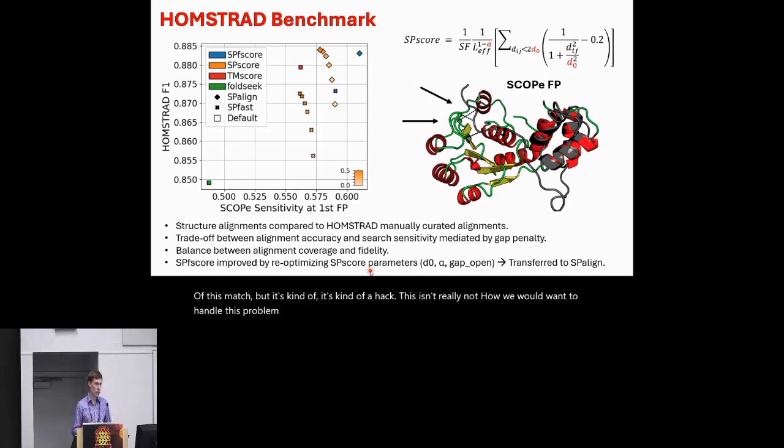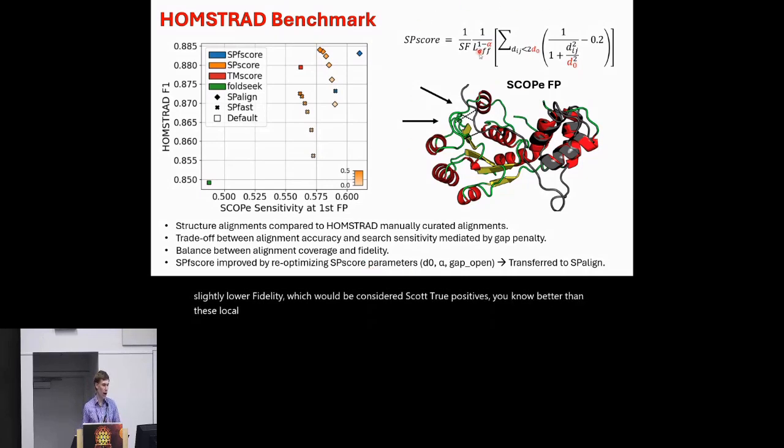So fortunately, SP score provides an alternative lever that we can pull to control the balance between alignment fidelity and alignment coverage, such that alignments that have larger coverage, but maybe at slightly lower fidelity, which would be considered SCOP true positives, are better than these local matches.